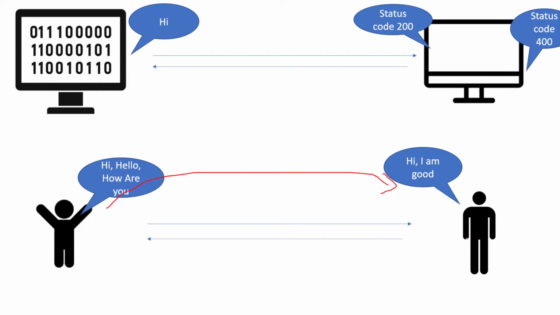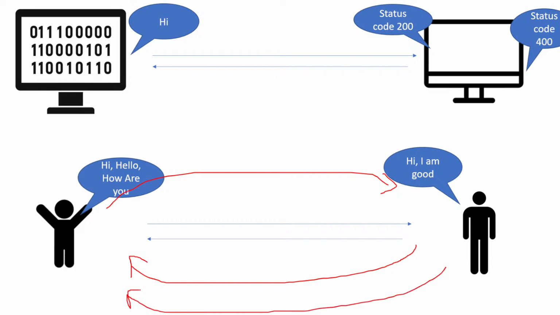If that person is able to understand, the first thing they will do is receive the message, and they will send an acknowledgement that I have understood the message, and along with that they might send a new message to me.